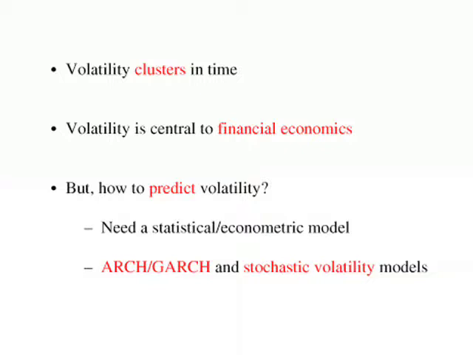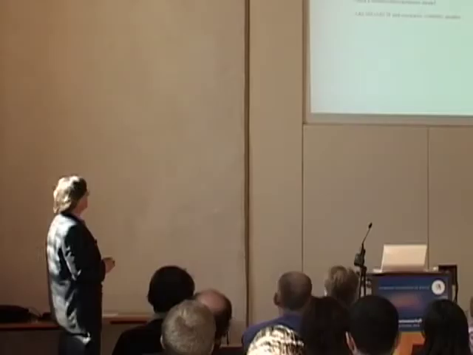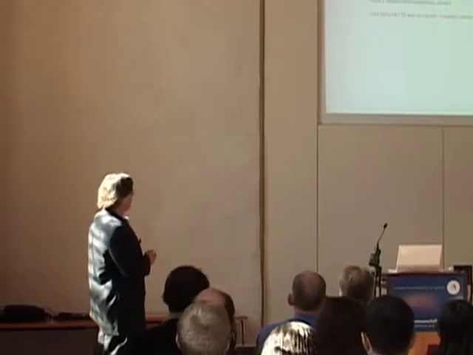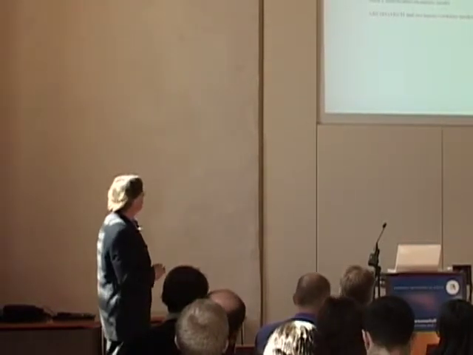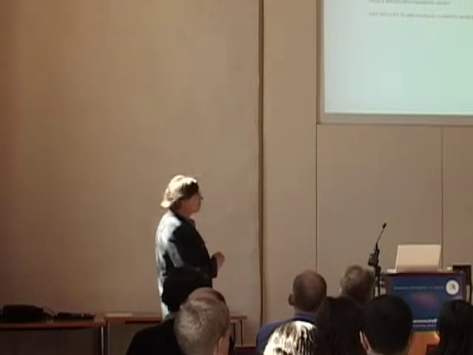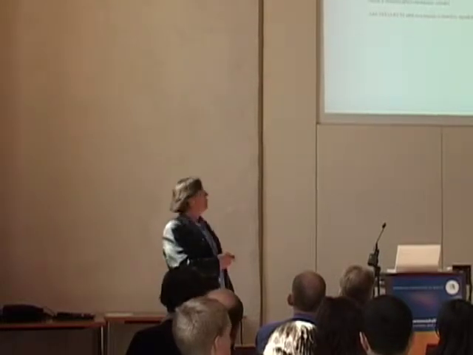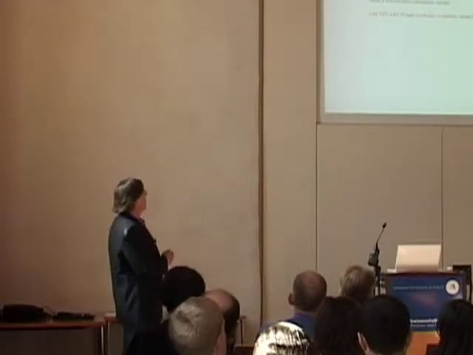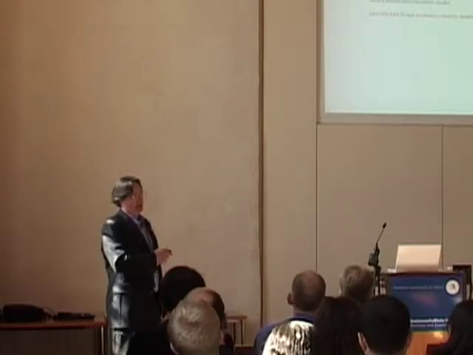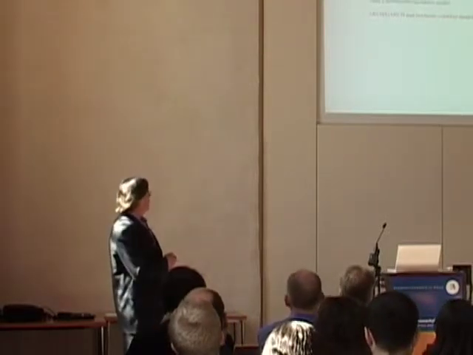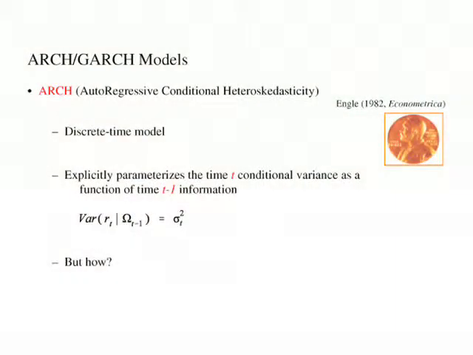Now, those two observations together suggest that if volatility clusters in time, and if it is so important to financial economics, I could probably make better financial decisions if we could come up with ways of actually taking that volatility clustering to heart and predict what the volatility might be in the future based upon what it is today.